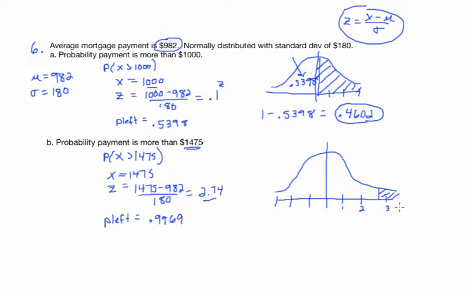I want to know the probability I'm greater than that. This number gave me this area. So now to find that little area, I just do 1 minus. Just as we suspected, it's a rather small probability, less than 1%.